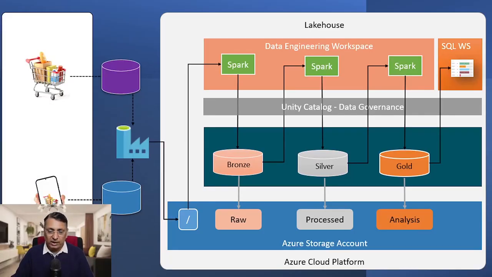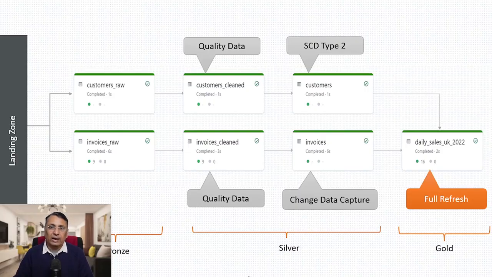So to give you an idea and learn DLT, I have prepared a specific scenario, and this goes through the entire three layers of the medallion architecture. We are assuming that we have a landing zone here where we are ingesting data using our data ingestion tool, and data is coming and sitting in the landing zone.